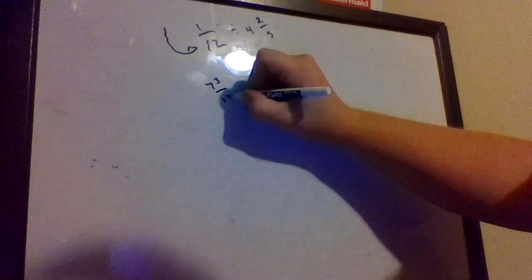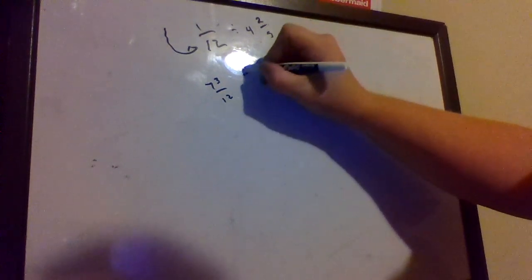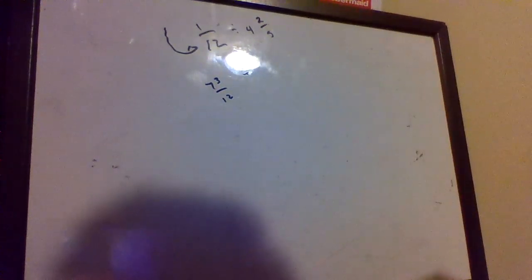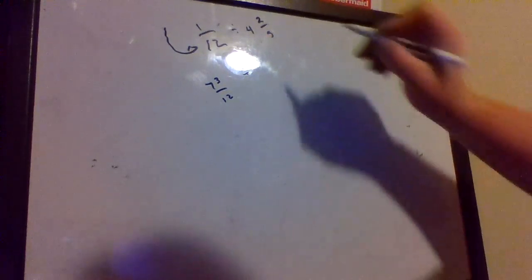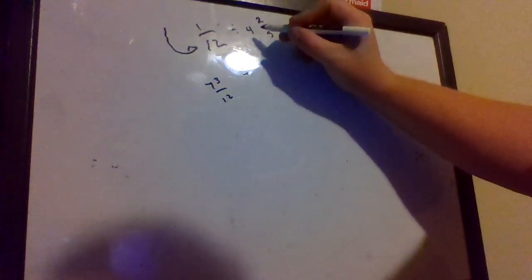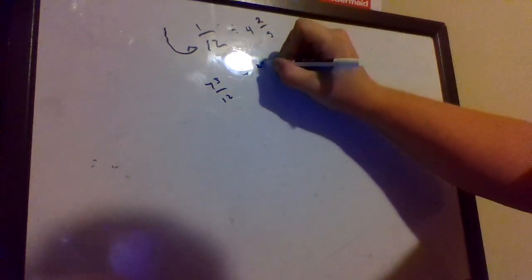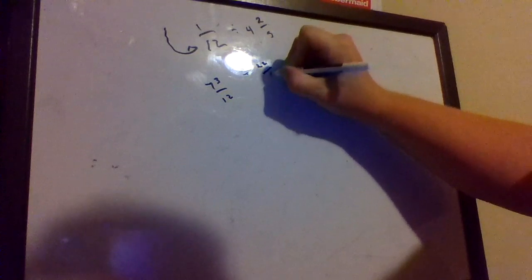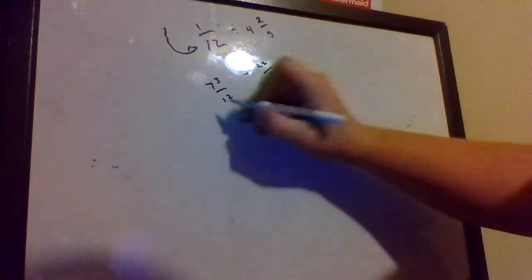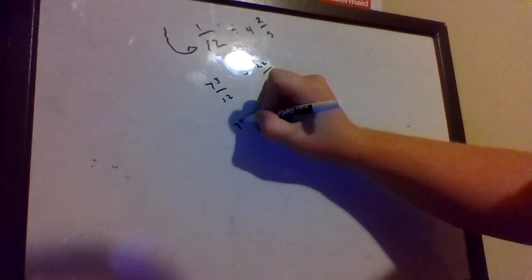Over 12 divided by, please don't skip that step. I know you want to go ahead and flip it, but don't. 5 times 4 is 20. 20 plus 2 is 22. So 22 over 5. Now we keep 73 over 12.